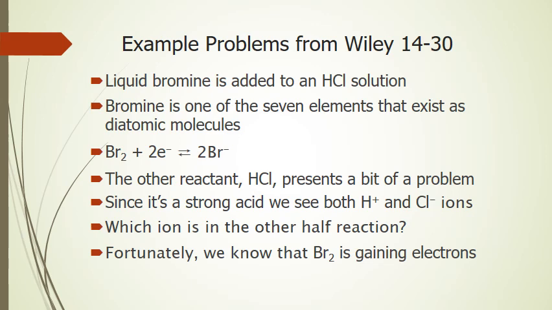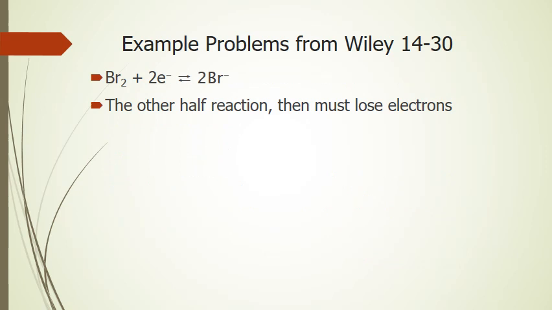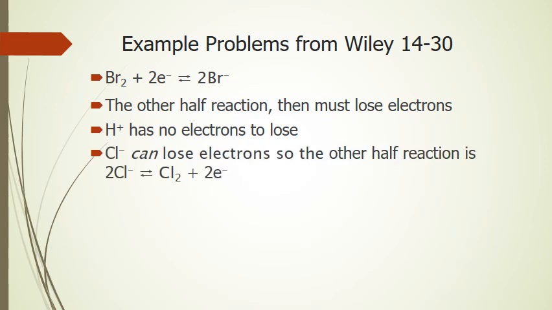We know that liquid bromine is gaining electrons, so our other half reaction must have the element losing electrons. H plus has no electrons to lose. It's just a proton, so H plus cannot be our other half reaction. Cl minus can lose electrons, so our other half reaction is 2Cl minus in equilibrium with Cl2 plus 2 electrons.